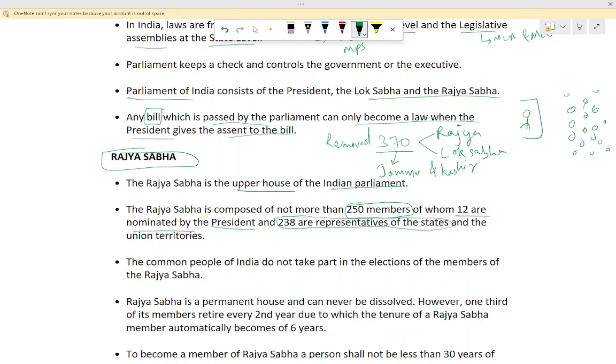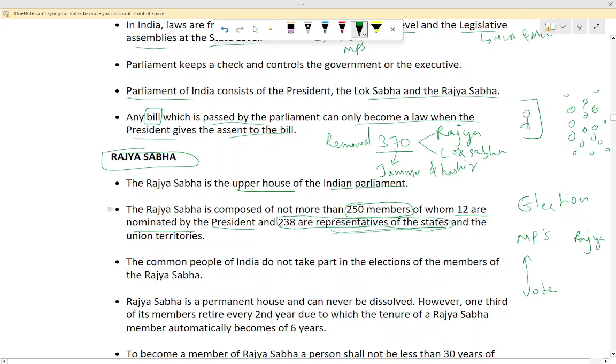Okay. So you know elections. In the election we elect MPs for the district. Yes, we vote. But we don't vote for Rajya Sabha members. Rajya Sabha members are elected by the state representatives.